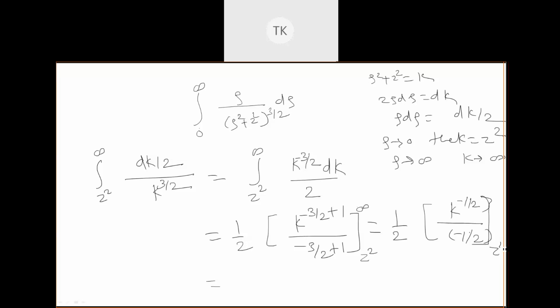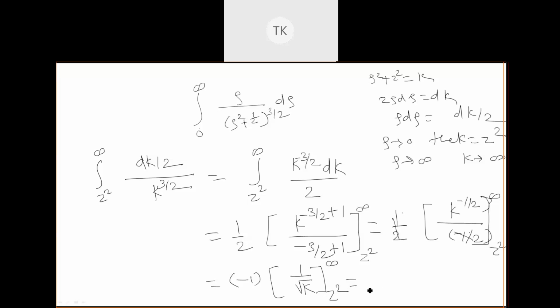Here also z square to infinite. So half gets canceled, half gets canceled. There will be only the negative sign remaining. Minus 1, I'll write down here. K raised to half is 1 upon root k. It will become 1 upon root k, that is z square to infinite.